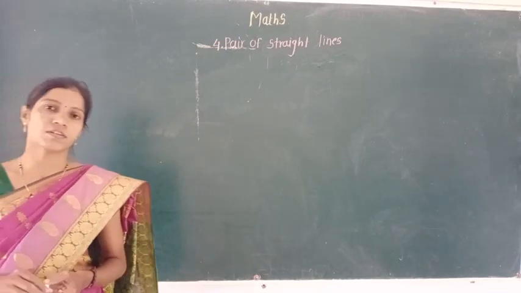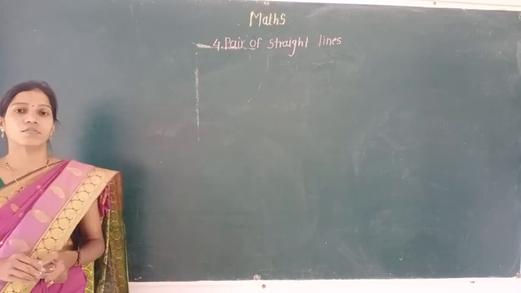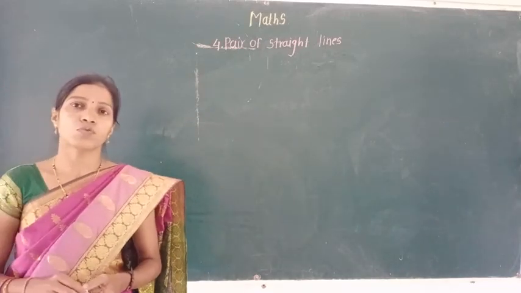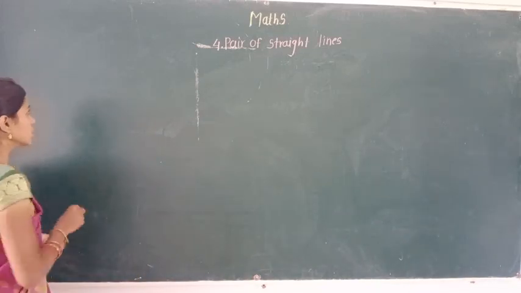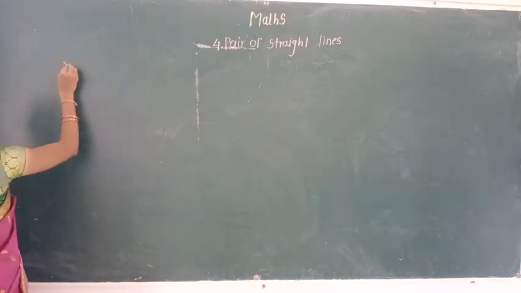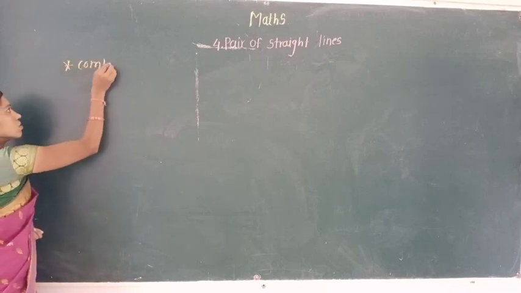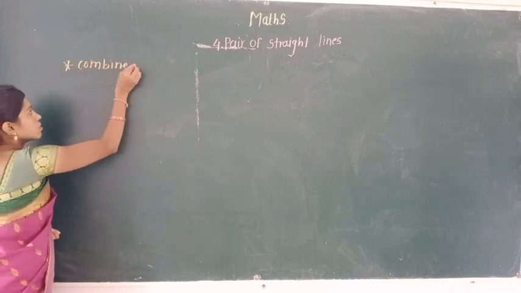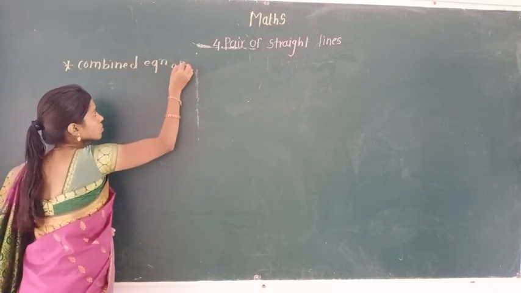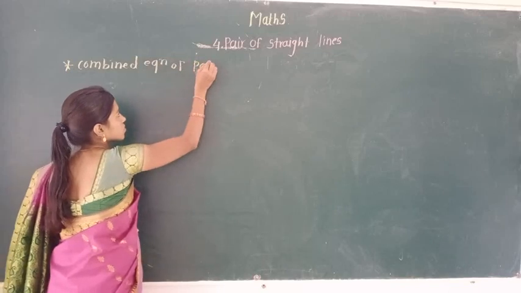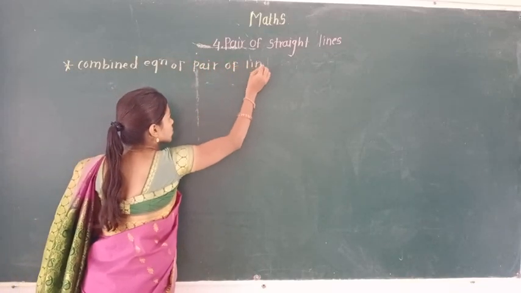We are going to discuss our topic, pair of straight lines, and in this video lecture we have to see some important bits on this topic. The first bit is the combined equation of pair of lines.